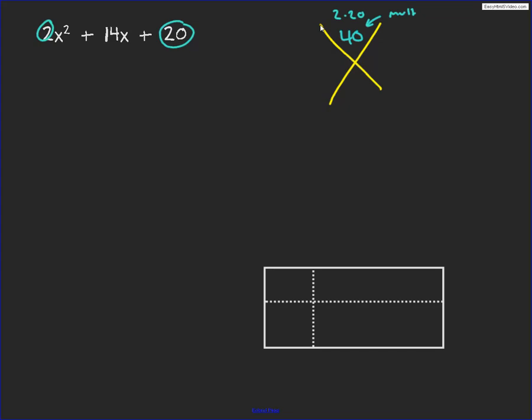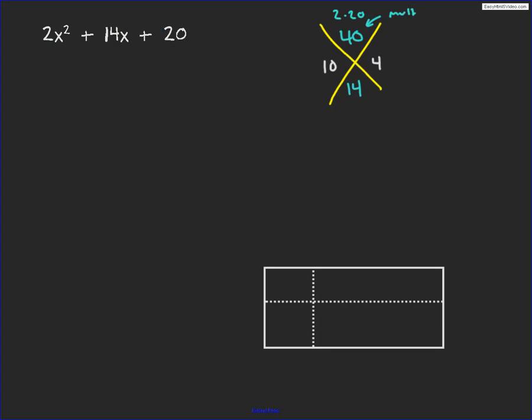And then I'm going to look at this term for the addition term. So I'm going to put a 14 down here. So we're asking ourselves what 2 numbers are going to multiply to 40 and add to 14. And those 2 are 10 and 4. So what do we do with it?